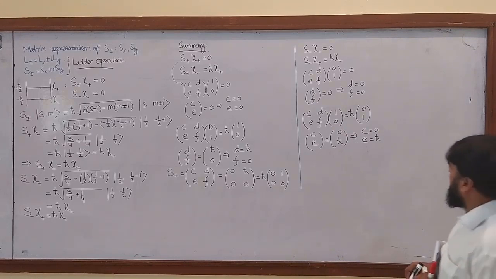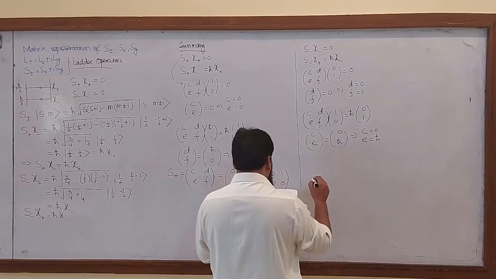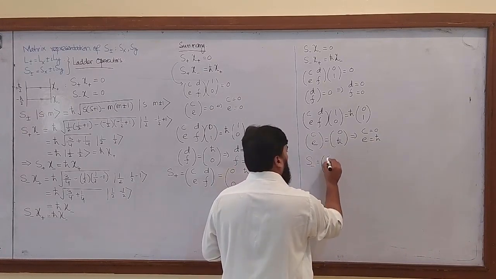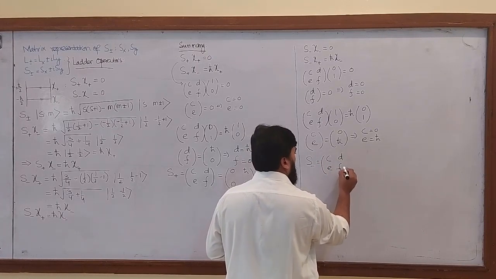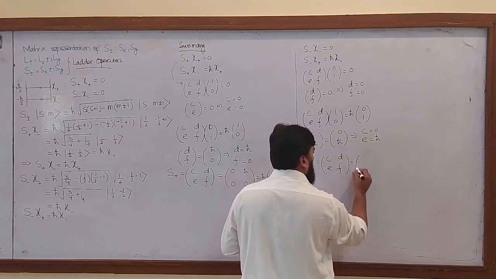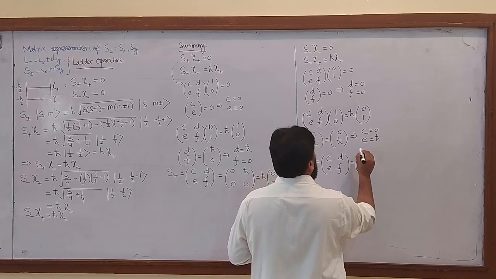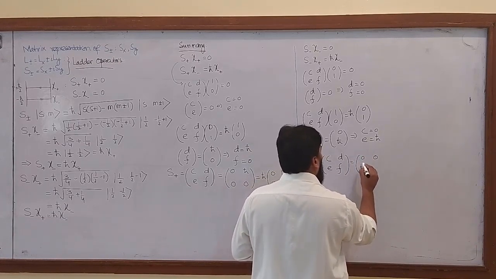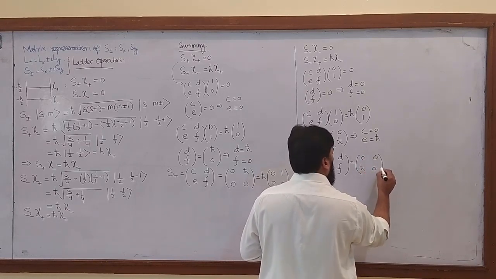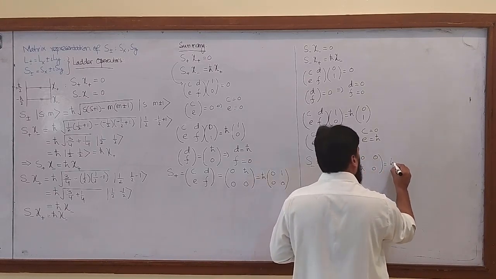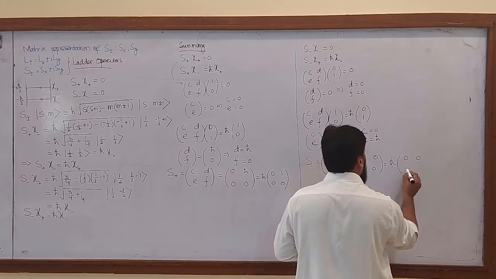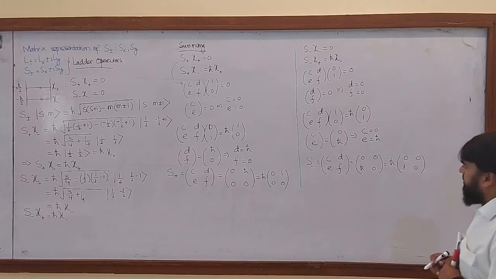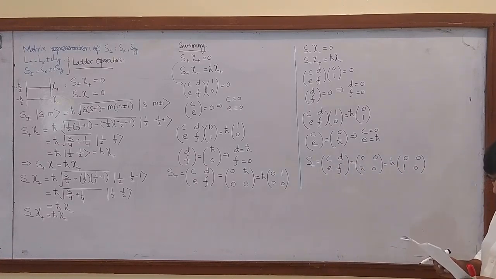Right? So our S minus will become C, D, E, F. C is 0 and D is 0. E is h bar and F is 0. So this is equal to h bar times 0, 0, 1, 0. This is all S minus.